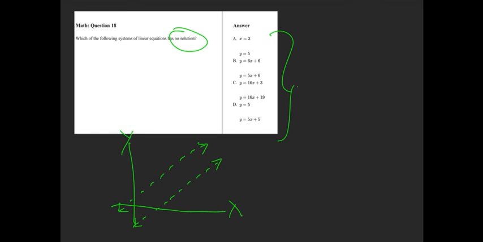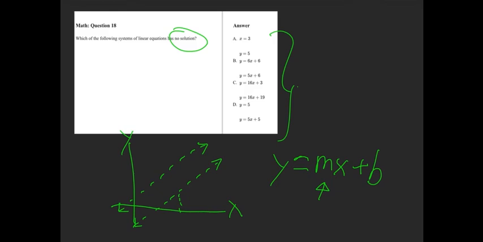The slope is rise over run. If the rise over run of the two equations is the same, that means they will never touch, because their steepness is going to be the same. Every linear equation is in the form y equals mx plus b, where m is the slope. So our condition is to make m the same.